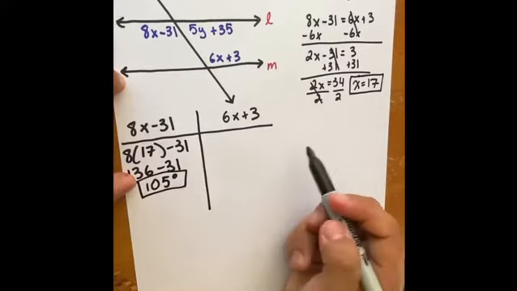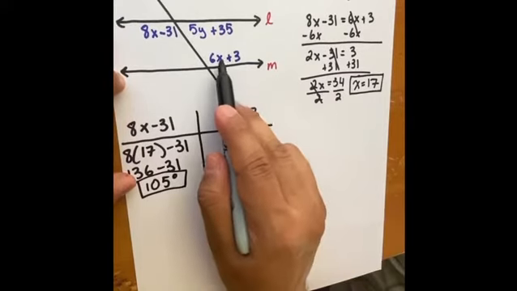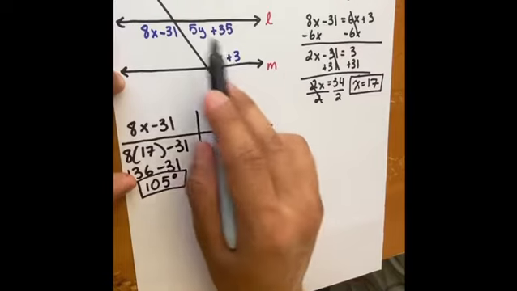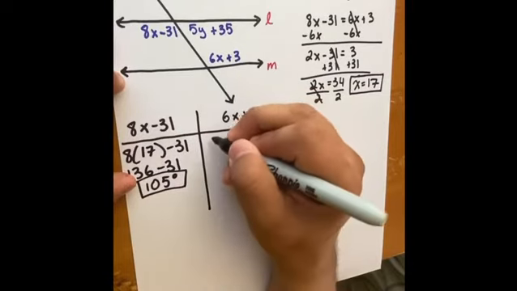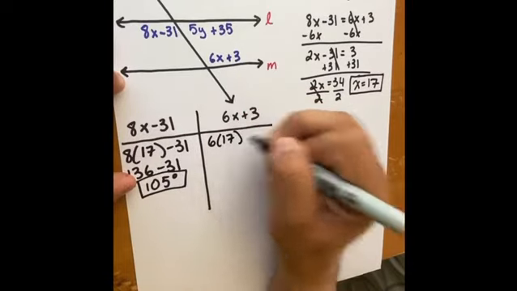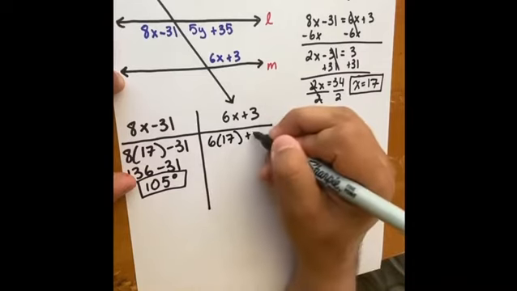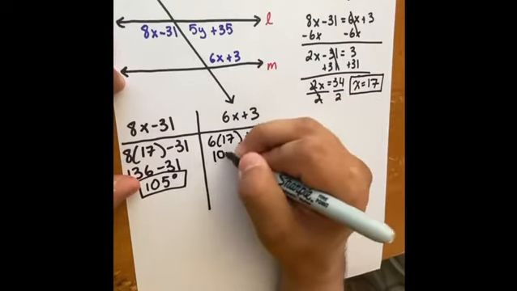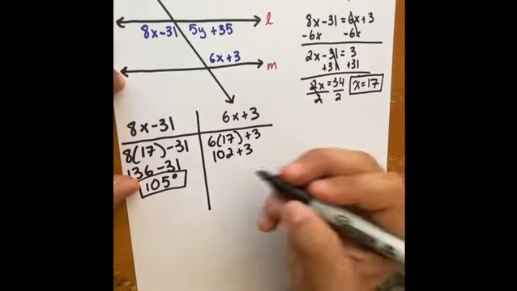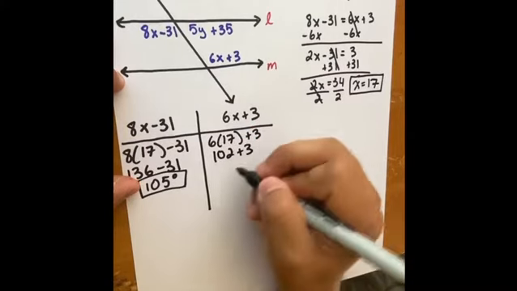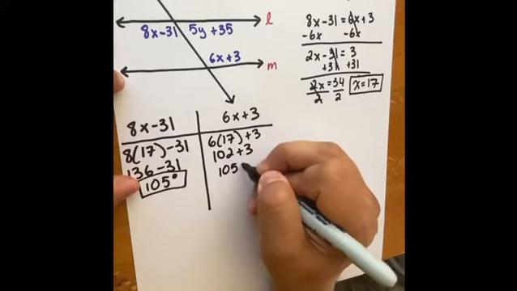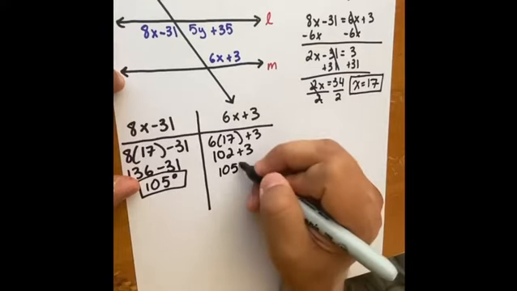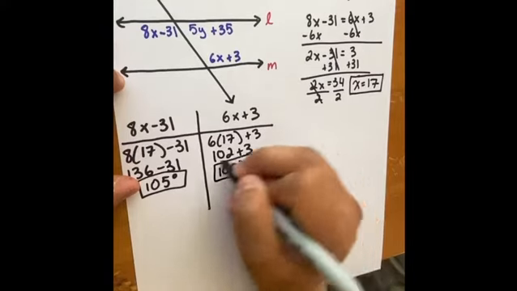Now, if I did the math correctly, this angle measure should be 105 because alternate interior angles are congruent. So let's just double check. 6 times 17 plus 3. 6 times 17 is 102 plus 3. So 102 plus 3 is, look at that, doesn't surprise me, it is 105.